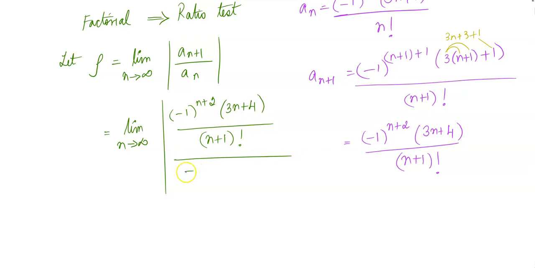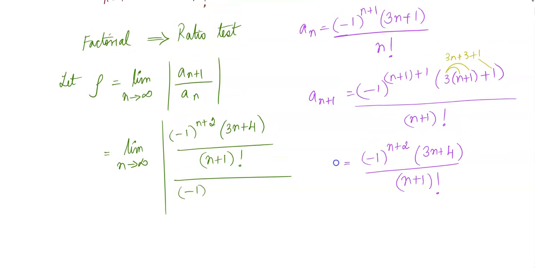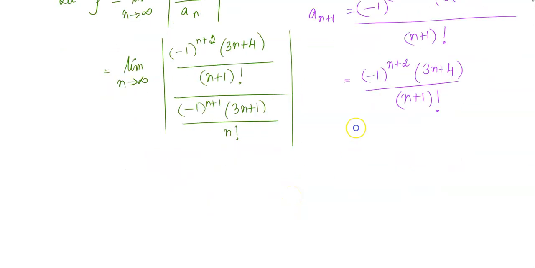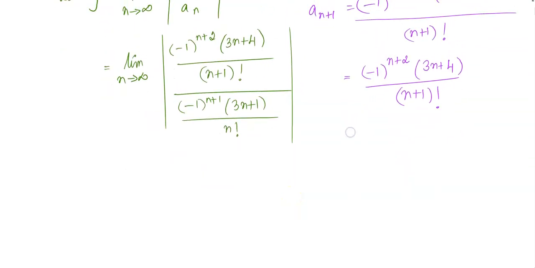All over a_n. You know the drill, so go ahead and you can pause the video at this point, do it, and come back and check if our answers match.